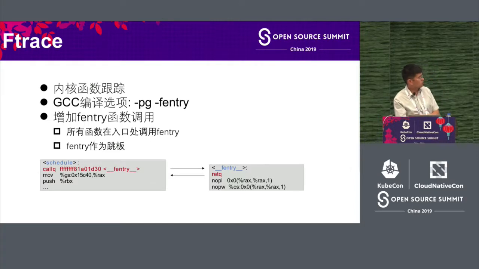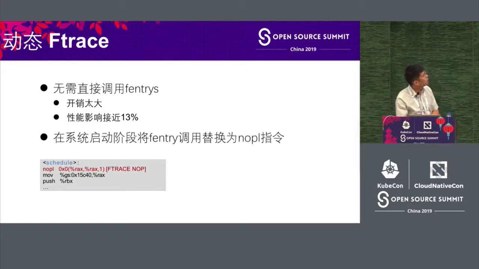If we add this trampoline, then it will track the functions, the time needed for execution, and when they will be executed. So we can add this call to the trace function at the beginning of the function, and then we can achieve this purpose.